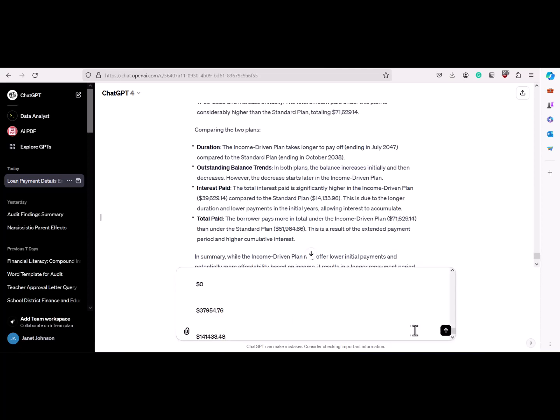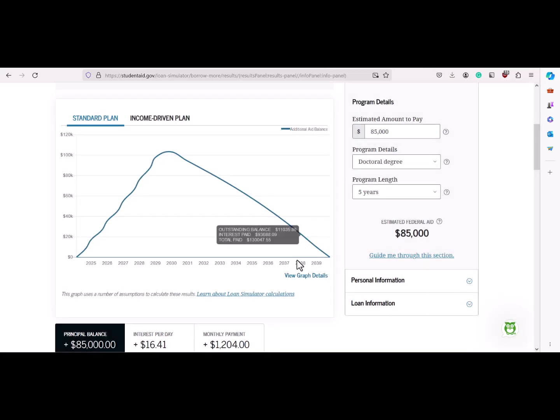Paste it in. Now I got to go get the other plan. So I'll shift return and income based. And here, close it out.